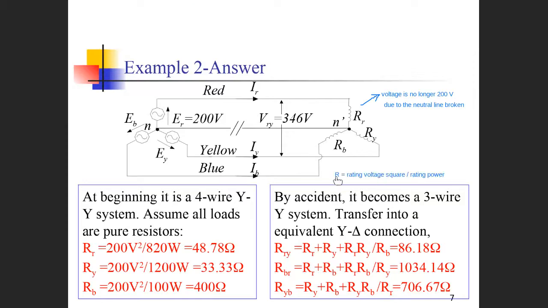Remember, the resistance is the rating voltage squared over the rating power for resistors. So, rating voltage squared over rating power.